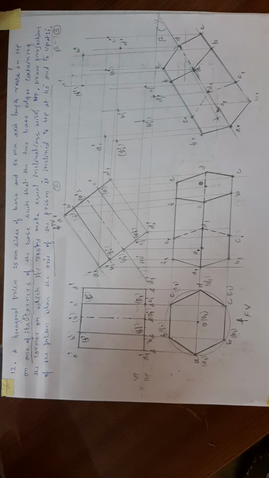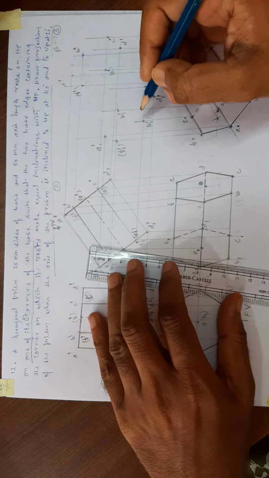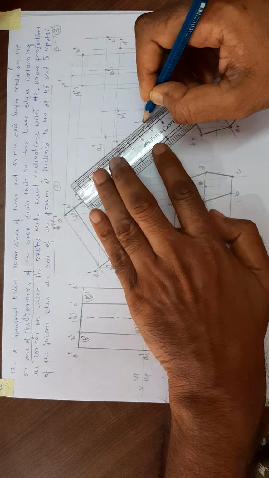Now joining outside points to get outline edges. Outline edges are visible. Draw with thick line. So outline edges. Now see, E1 to F1.